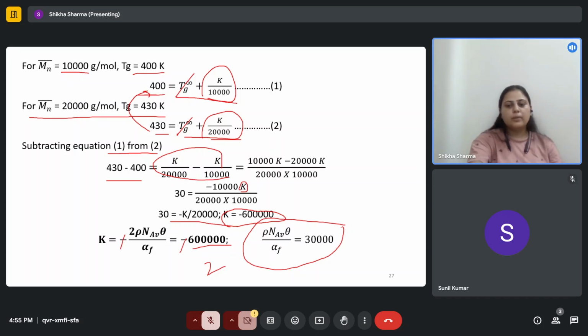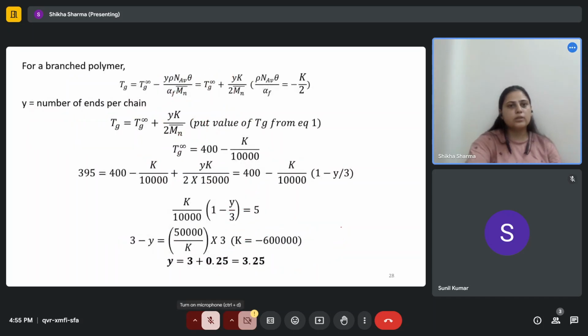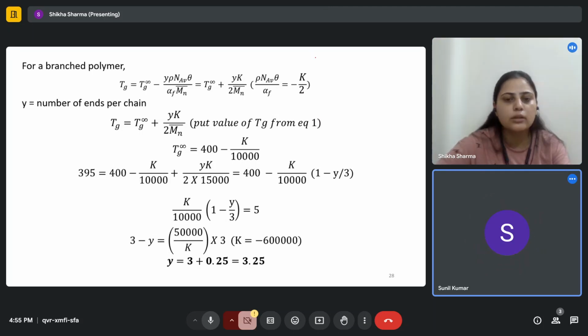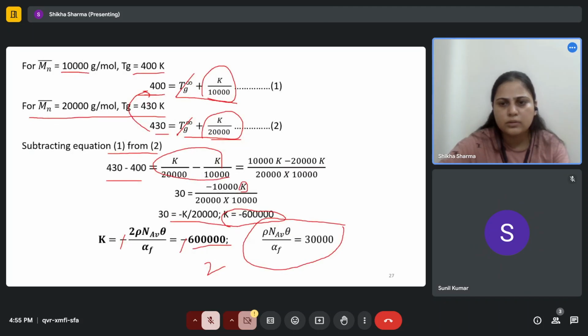Now we'll apply the same formula for the branched polymers. So for branched polymers, Tg is equal to Tg infinity. Sorry, 30,000. Yeah, this is 30,000.